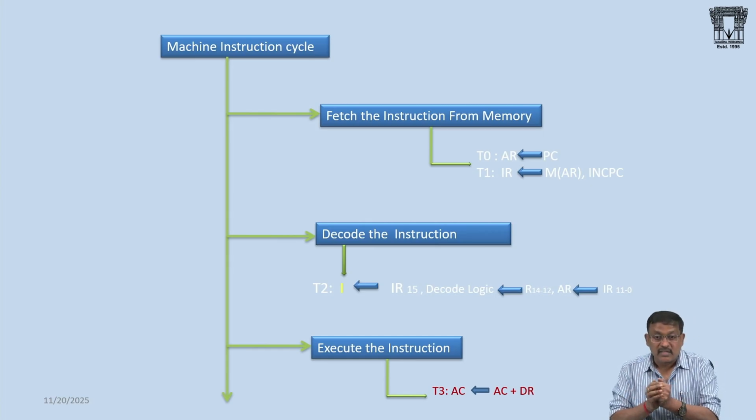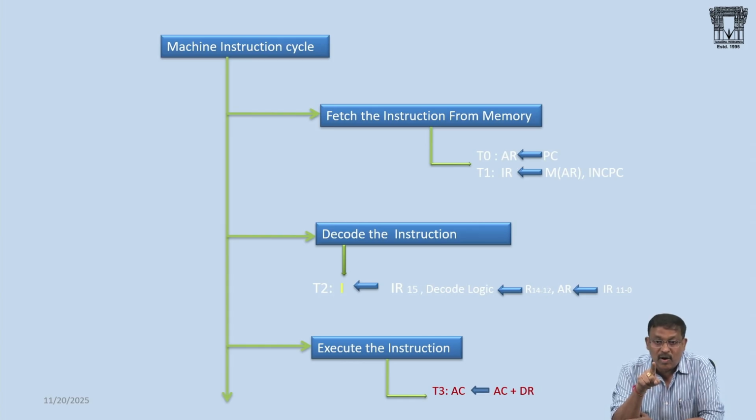Remember that, because this operation is an addition operation. The sum of the contents of the accumulator with the contents of the data register, the result is transferred to the accumulator. I will explain one point at this stage, why the result is transferred to the accumulator. Here you can find one conflict. What is that conflict? The data register has the data, because during the decode phase, IR0 to IR11 were transferred to the address register.